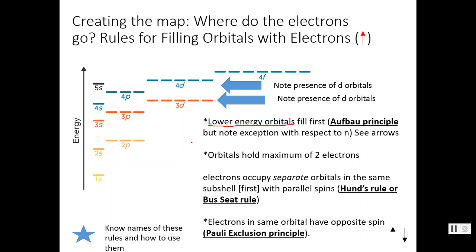So knowing that and looking at this energy diagram, hopefully it's apparent why, when we fill orbitals, the 3d orbitals actually get filled before the 4p orbitals, but after the 4s orbitals. You can see how they're sort of in between here.